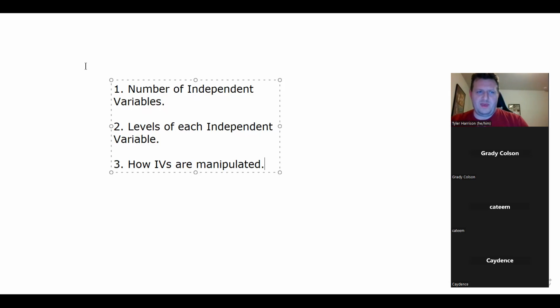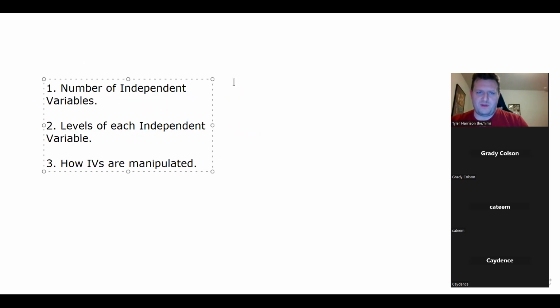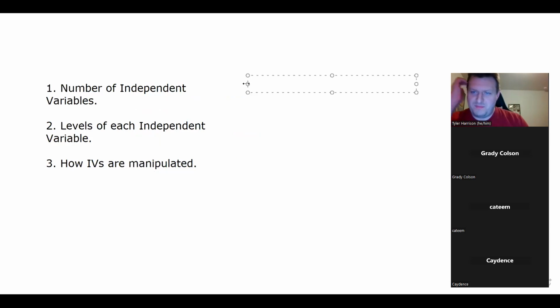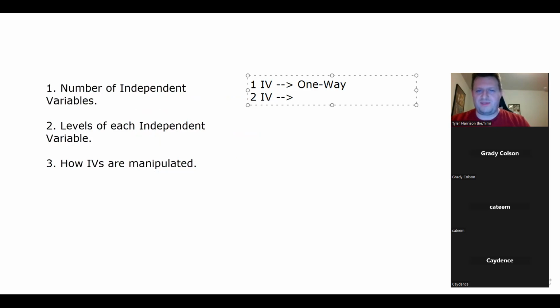So if I have one independent variable, what do I call my analysis of variance? A one-way ANOVA. Okay. If I've got two independent variables, a shorthand way of doing this is to call it a two-way ANOVA. But we'll get a little bit more specific as we move down.